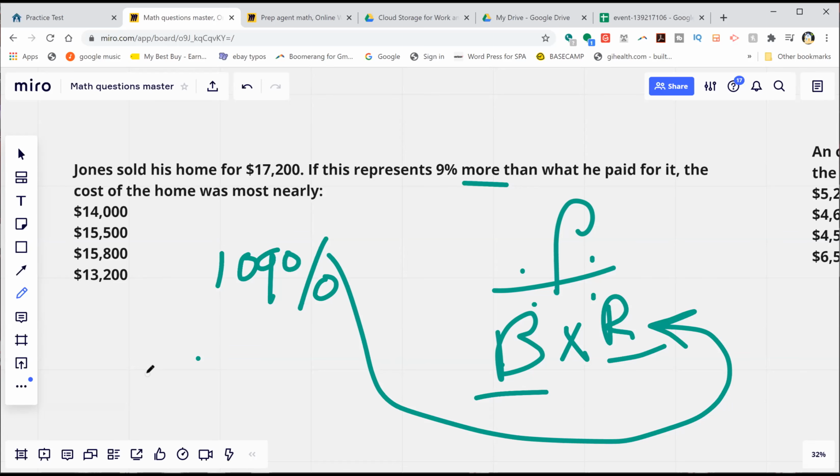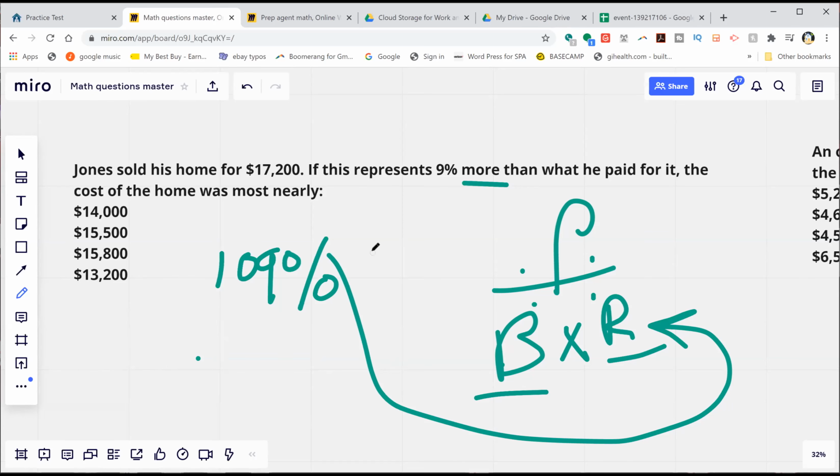Okay. So Jess said, how did you get 109%? Because here's the thing. If I said to you that I had 9% more, then that means that we're including the original amount. If I said, I have $10 and tomorrow I want to have 50% more, then you agree that I already have the $10.